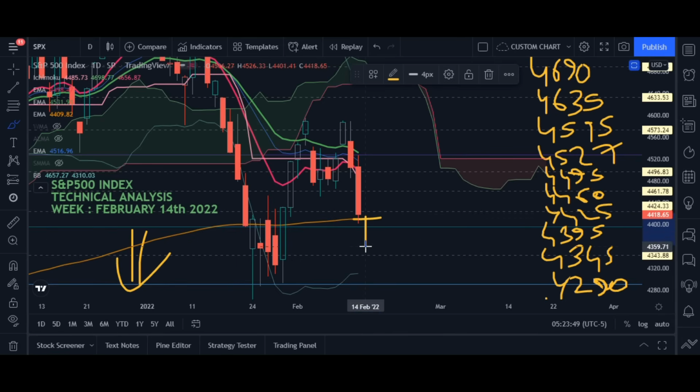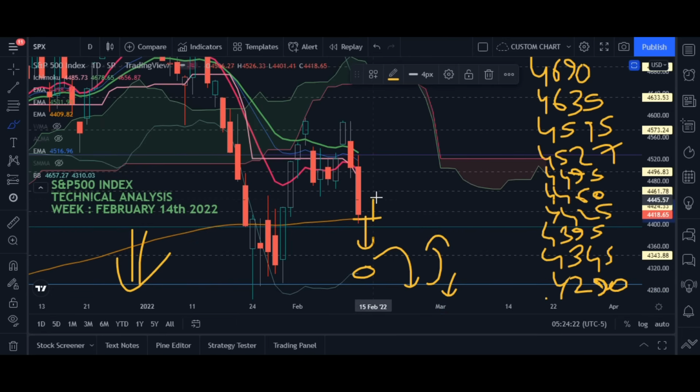If the market closes below the 200-day moving average on Monday, in that case the market will certainly come down, will hit the Ichimoku, this particular support at 4290. Like I told you, if it is able to bounce back from 4290, then it's good. But if it manages to cross and close below 4290, in that case nobody is going to save the market. So this is one condition.